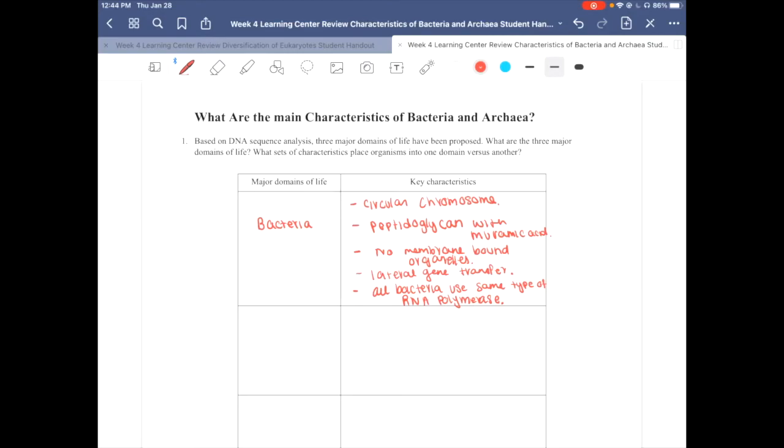Also, bacteria use, I'm going to write it on the side here since I ran out of space, formyl methionine as their initiator amino acid to start protein synthesis. So we use methionine to start ours, and similarly in bacteria, it's formyl methionine.